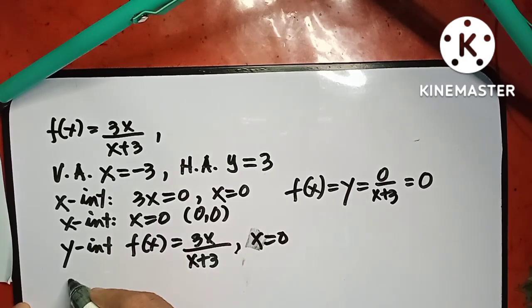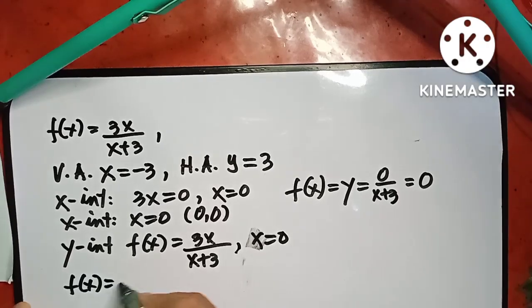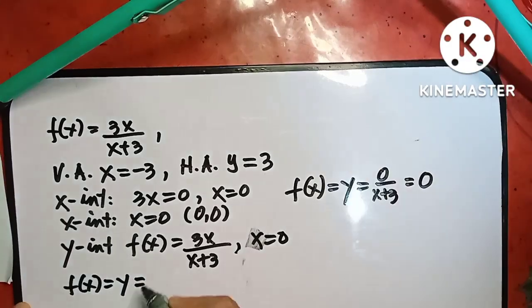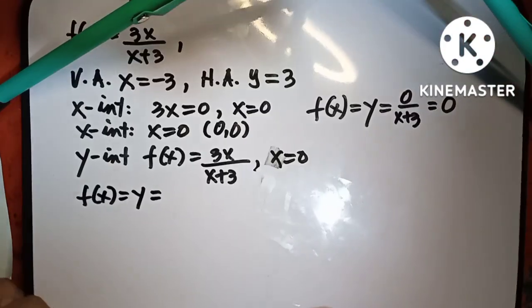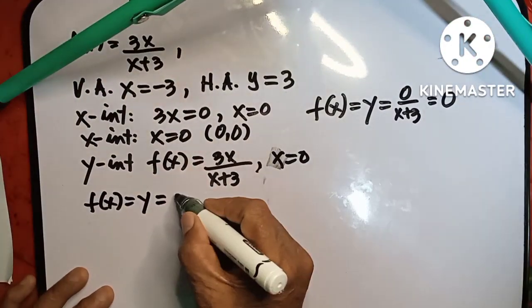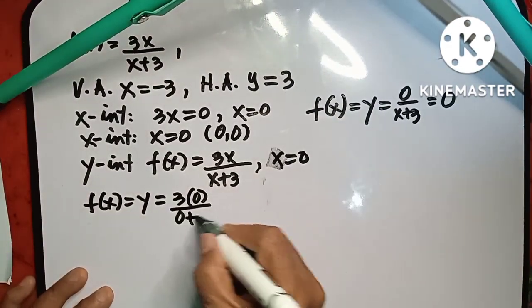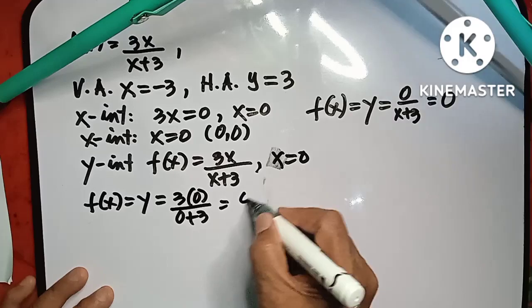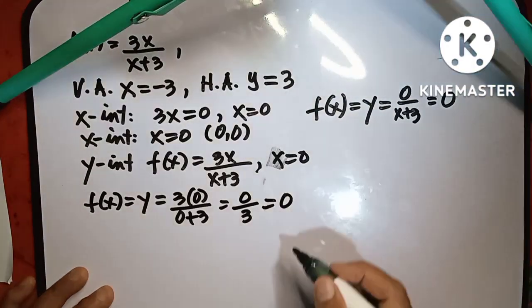Now we have f of x or y equals 3 times 0 over 0 plus 3, which is 0 over 3, and that is equal to 0.